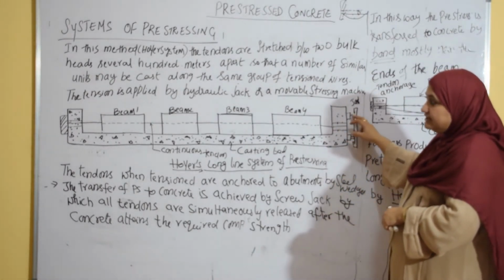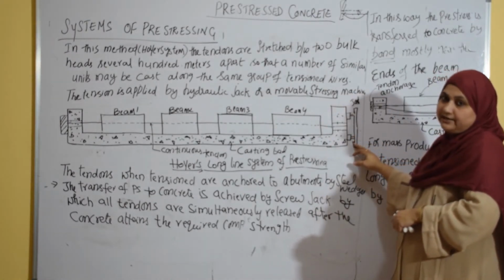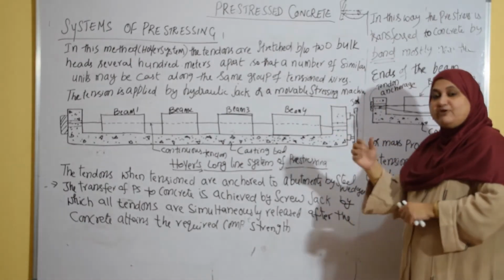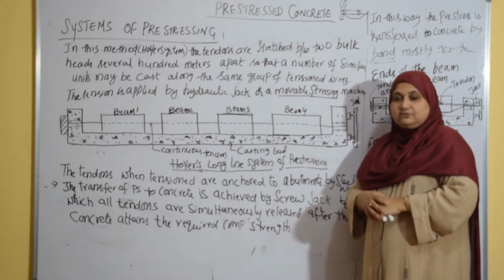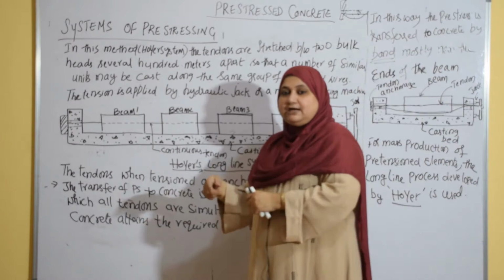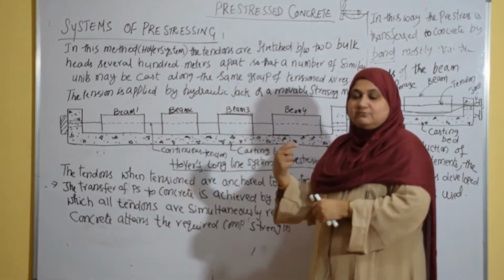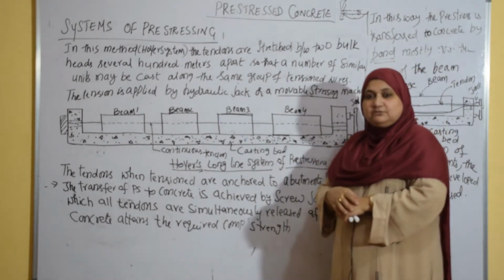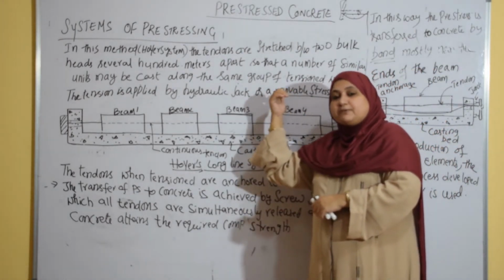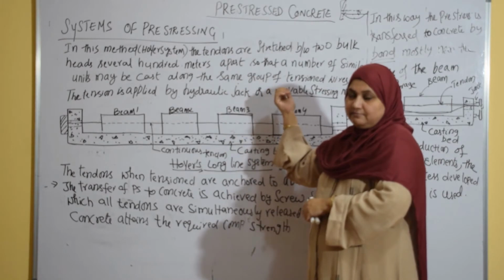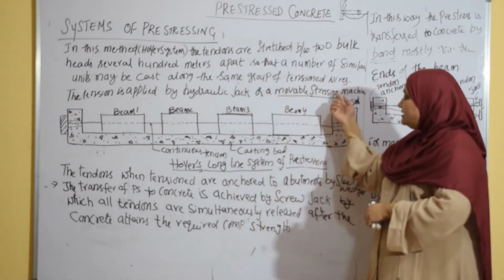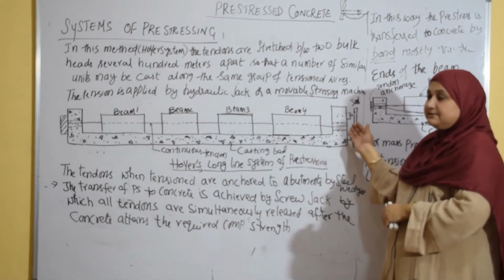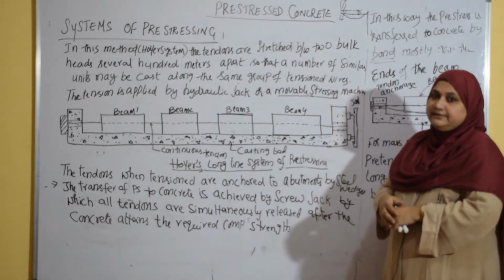The tension is applied by a hydraulic jack or a movable stressing machine. This is also a type of pre-stress inducing machine. So by these two systems you can impart the tension to the tendon, right?